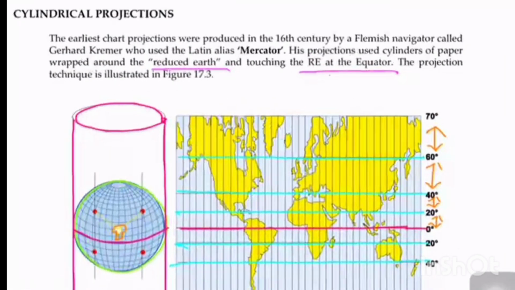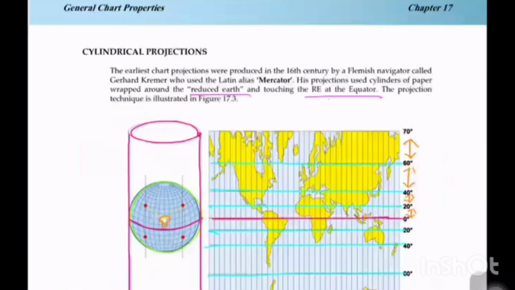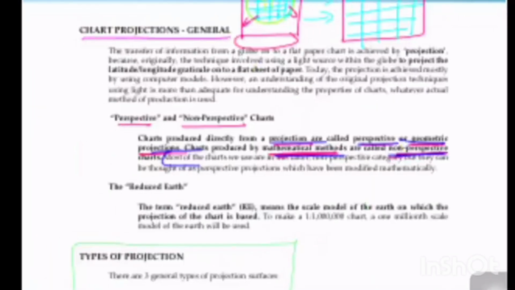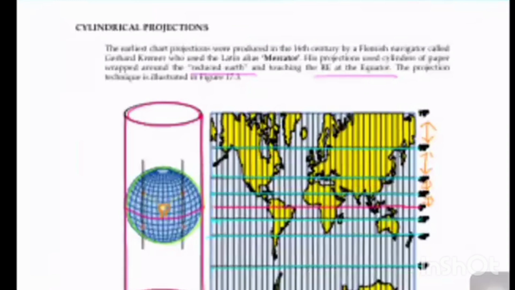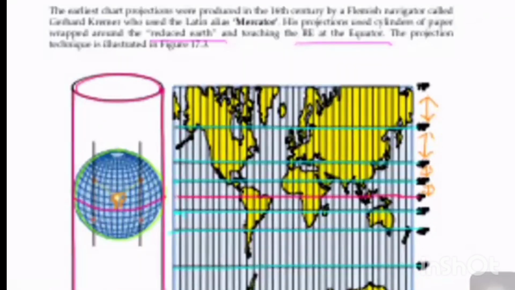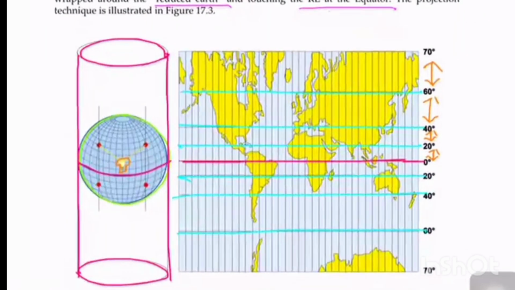Now let's read about cylindrical projection. Cylindrical projections. The earliest chart projections were produced in the 16th century by a Flemish navigator called Gerhard Remer, who used the Latin alias Mercator.